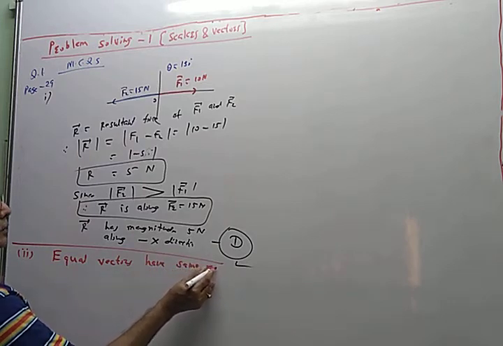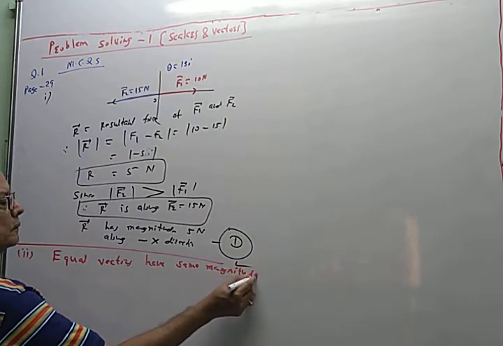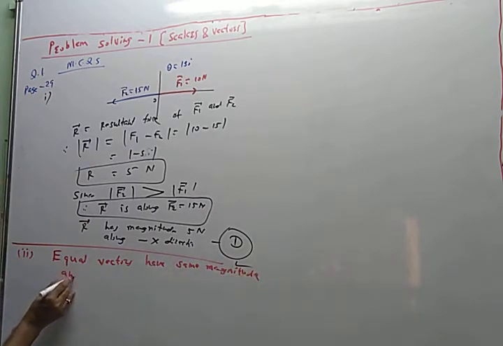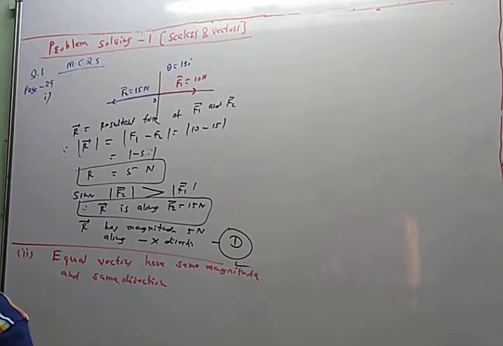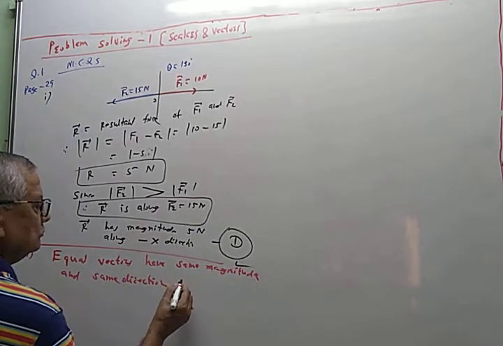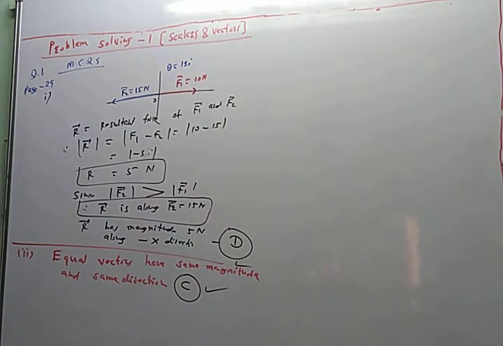Equal vectors have same magnitude and same direction, and therefore the correct choice is C. C choice is correct.